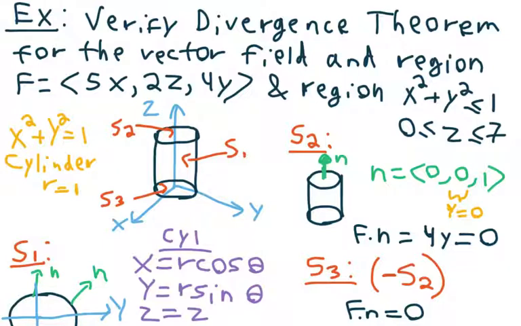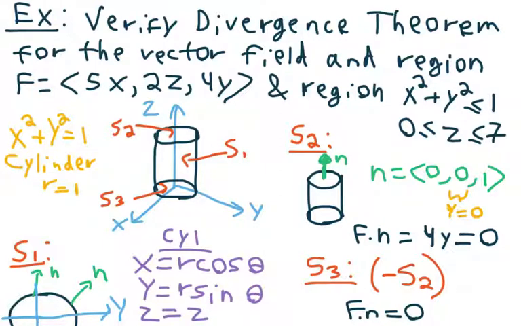Then we want to find our normal for all three surfaces of the cylinder. Let's start with surface S2. For surface S2, your normal is going to be perpendicular to the surface going outwards. You can't have a normal going inward into your surface. And so the normal is just going to be going along the z direction, so it's going to have ⟨0, 0, 1⟩. You can see that the y component of that vector is equal to 0.